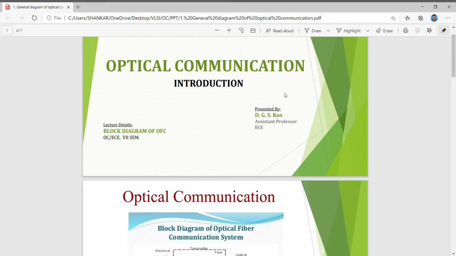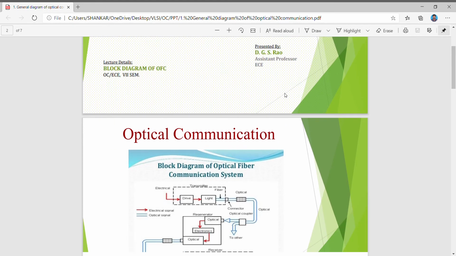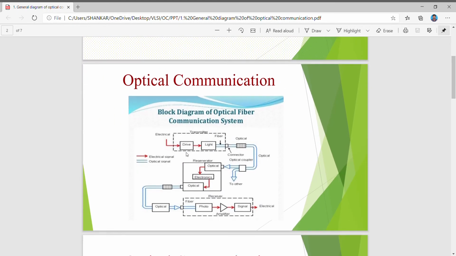In this lecture, I am going to explain how the light signal will be communicated through the optical fiber cables. This is the general block diagram of an optical fiber communication system.